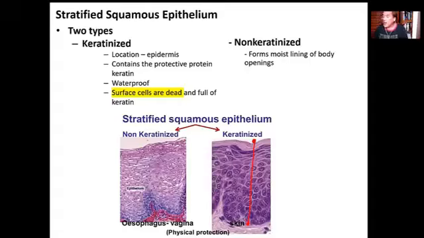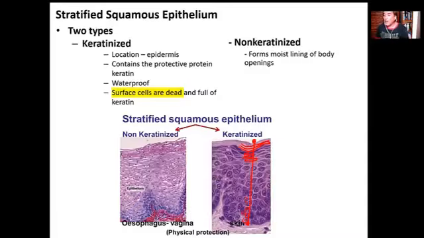So you've got round cells at the bottom, and then after that, it keeps on becoming flat on top. But since it is keratinized, the upper layers here are dead cells. That's the reason why it protects us from abrasion. So when you say the top layer of the stratified squamous epithelium is dead cells, we call it keratinized. An example is the one you see on your body, the skin.